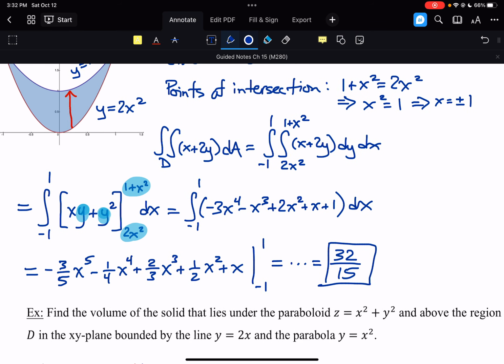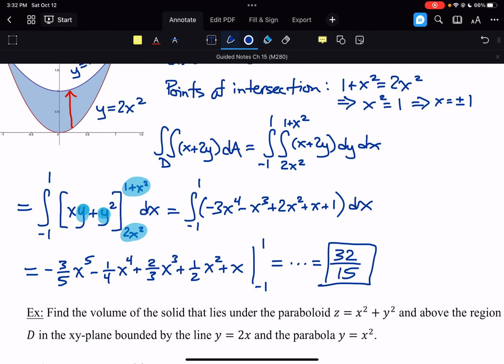Now, the interesting thing about this example, and why this is a good one for us to try here, is because this region does not only have to be done as a type 1 or vertically. Because if you'll notice, vertically we go from parabola up to line. But if we go horizontally, from left to right, we go from one left function over to one right function.